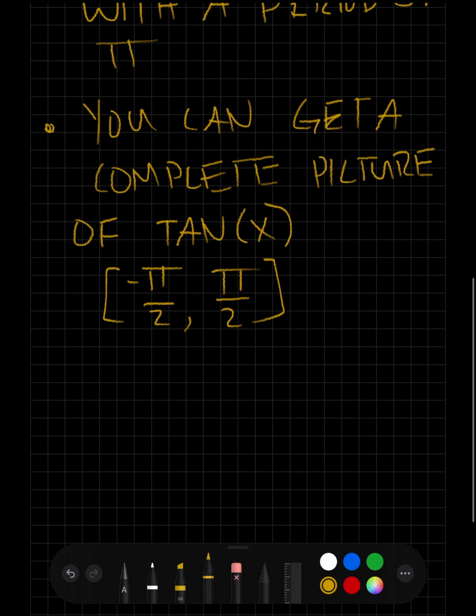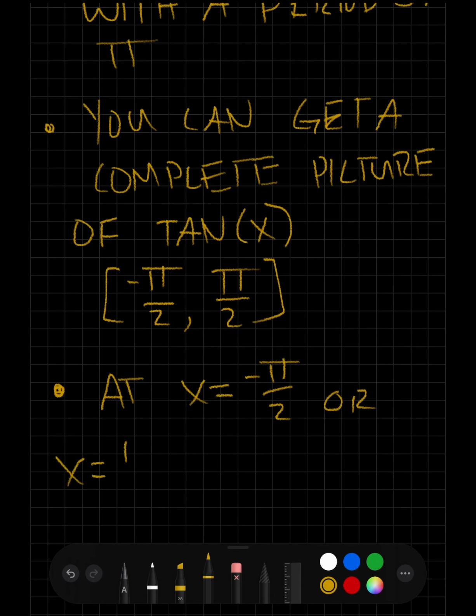We do have some strange things with this graph, though, because remember, at this pi over 2 point, the tangent is undefined. Additionally, we know tangent is periodic, so at x is equal to negative pi over 2, or x is equal to pi over 2, tangent is undefined.